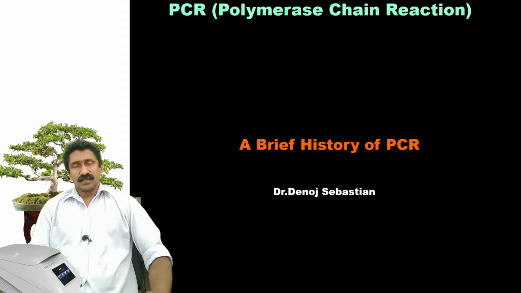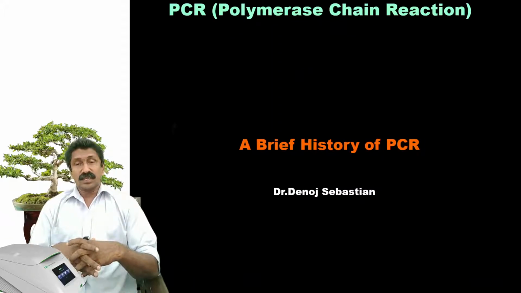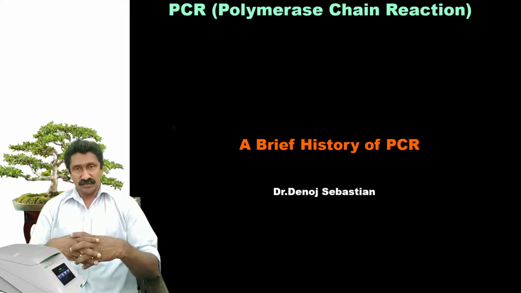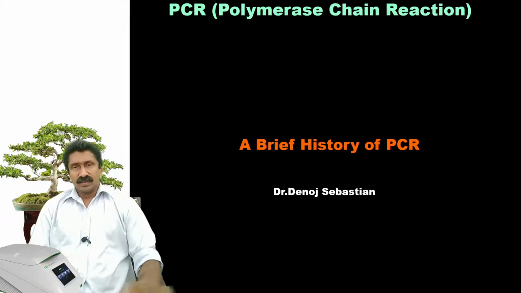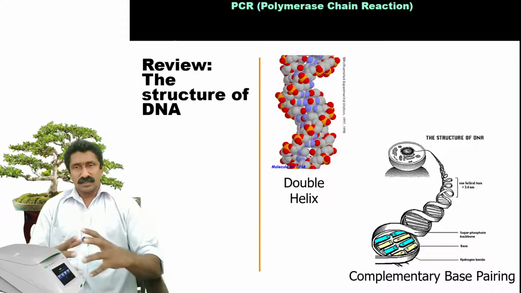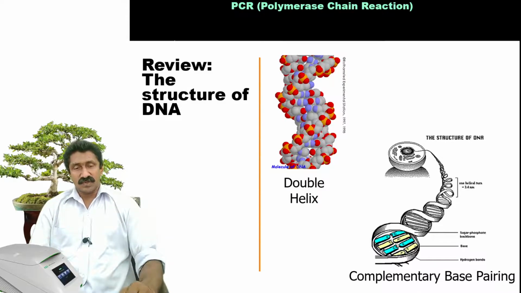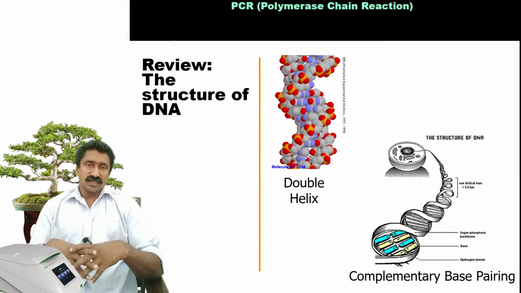Okay, let us see a brief history about the PCR. PCR is developed for amplifying the DNA. When you talk about the DNA, the storehouse of the genetic information, we already know the basic structure of the DNA.